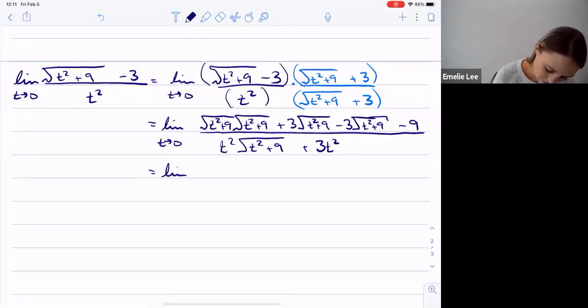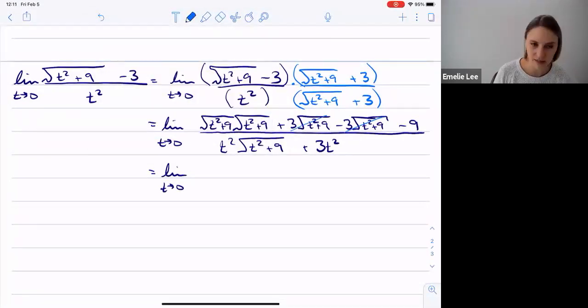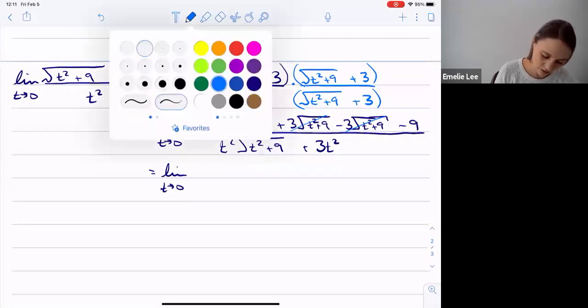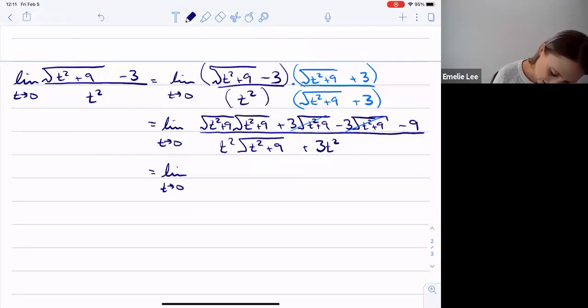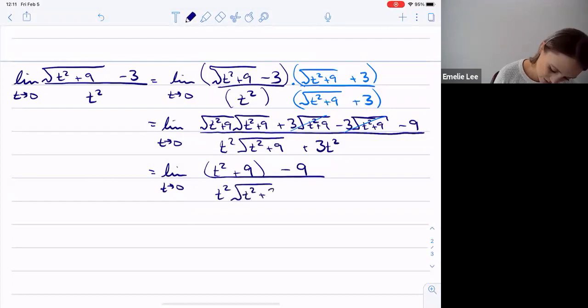So if I go through and cancel, well, this is the same thing minus itself, and then the square roots up top are going to go away. So I end up with the limit as t goes to 0 of t squared plus 9 minus 9 over t squared root t squared plus 9 plus 3t squared.